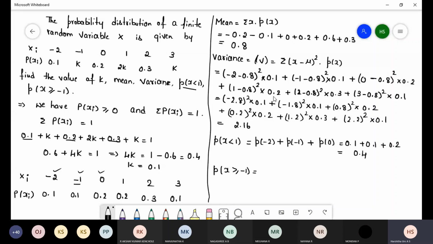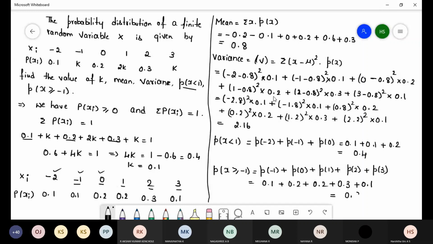We start with minus 1, 0, 1, 2, 3. So P of minus 1 plus P of 0, P of 1, P of 2, P of 3: 0.1 plus 0.2 plus 0.2, 0.3 plus 0.1. So 0.9 is the answer.